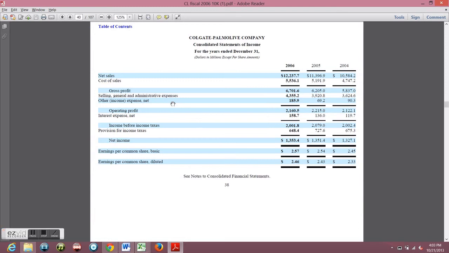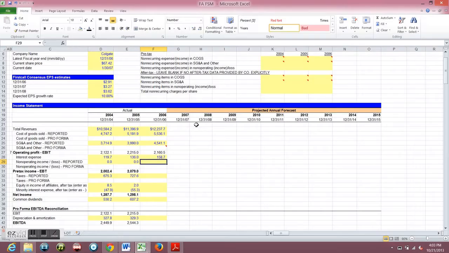Okay, so where do we find that? As we notice, we don't have it on the income statement. Usually when there's no line item like that, that means that income did not occur. So we'll have 0. So pre-tax is basically our operating profit minus our interest expenses plus our non-operating income.